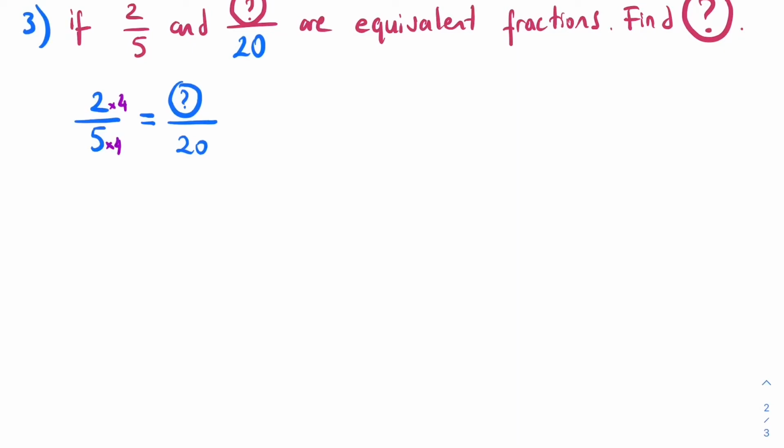So we need to multiply by 4/4. 4/4 is 1, so the result will not change. 2/5 is equal to 8/20 because 2 times 4 is the question mark. So 2 times 4 is 8. So we can understand that 2/5 and 8/20 are equivalent fractions.